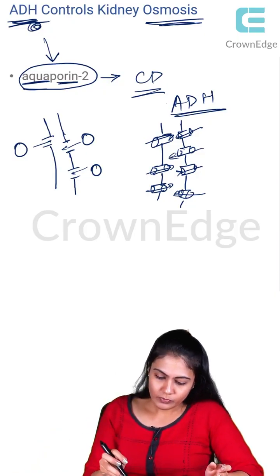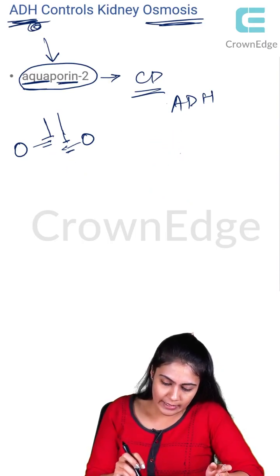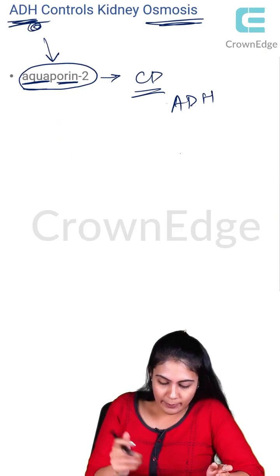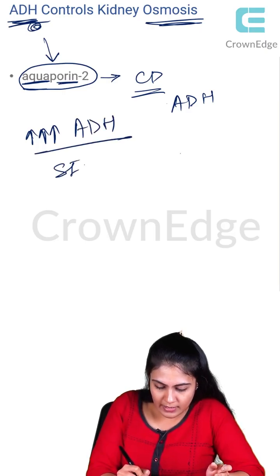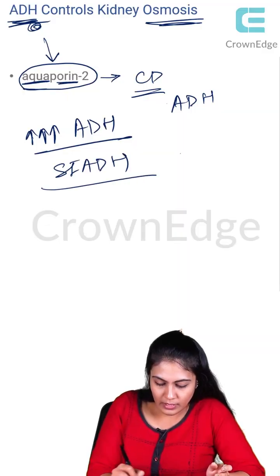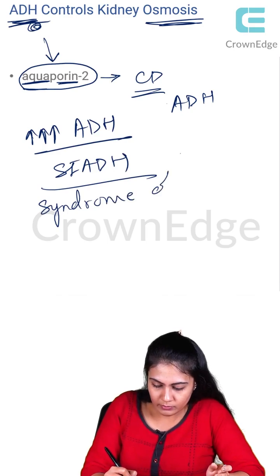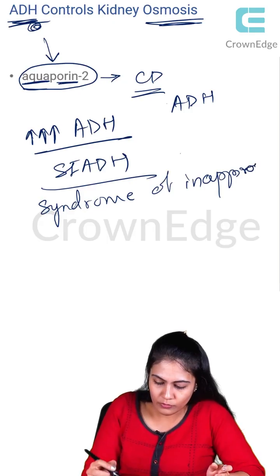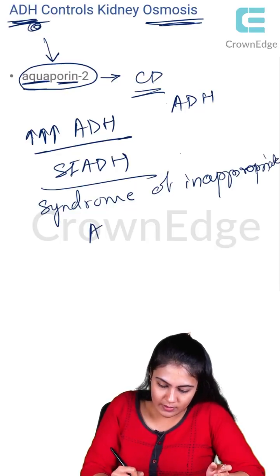Now, what if too much ADH is secreted? What will happen? If too much ADH is secreted, that will lead to something known as SIADH, that is syndrome of inappropriate ADH secretion, right?